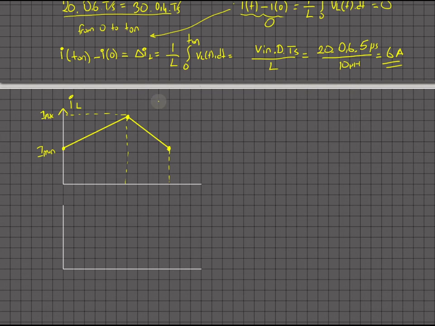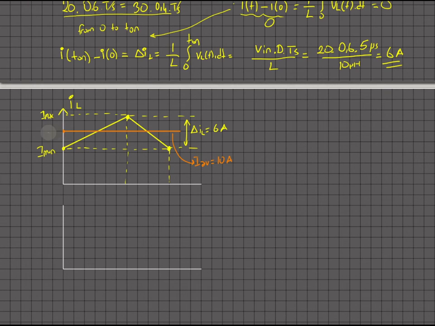I know that distance is equal to 6 amps, and I know the average current somewhere here, so that is our average current, and this is equal to 10 amps.